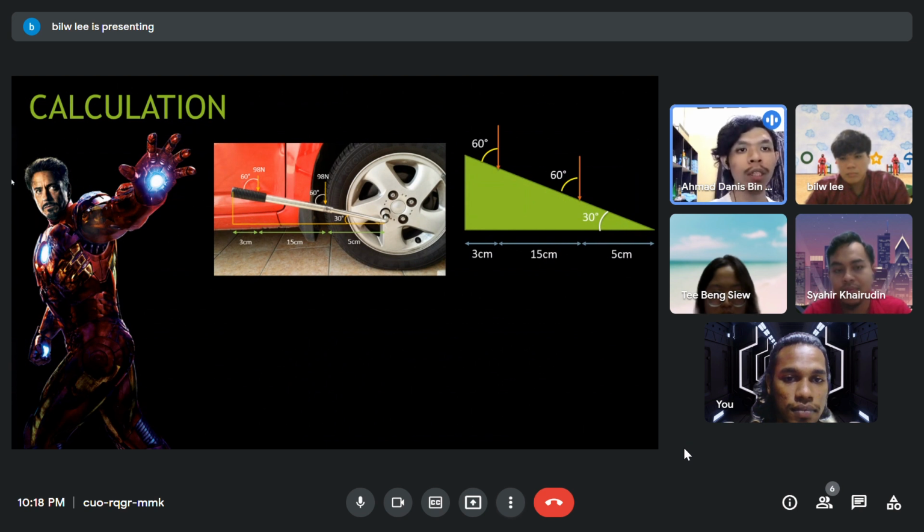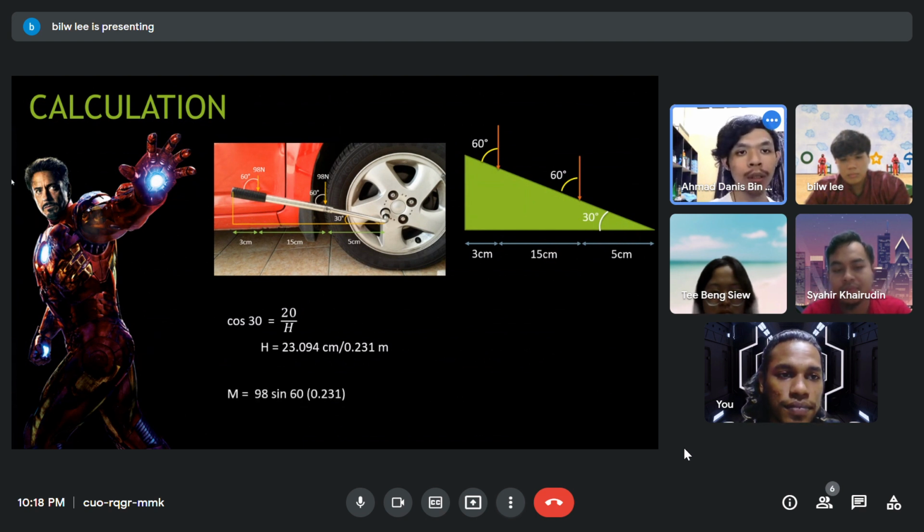Okay, first calculation, we use this formula: cos 30 equal to 20 over h. We want to find the perpendicular distance, and we get 23.094 centimeter, and we convert to meter, 0.231 meter. To find the moment, we use the formula that I said earlier.